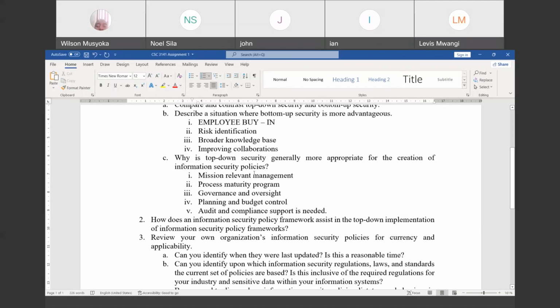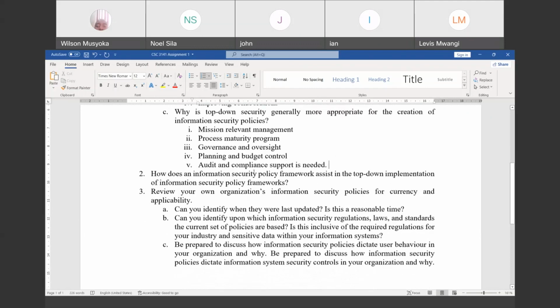So that is where we can use top-down security frameworks.